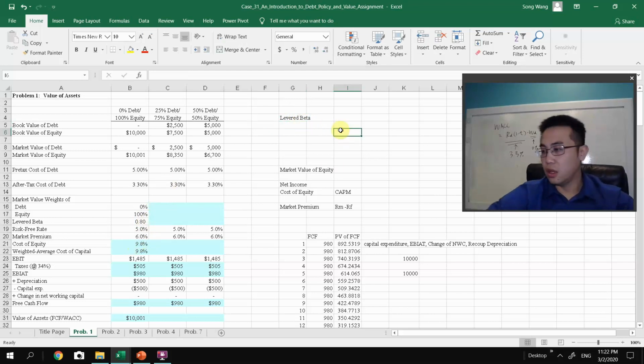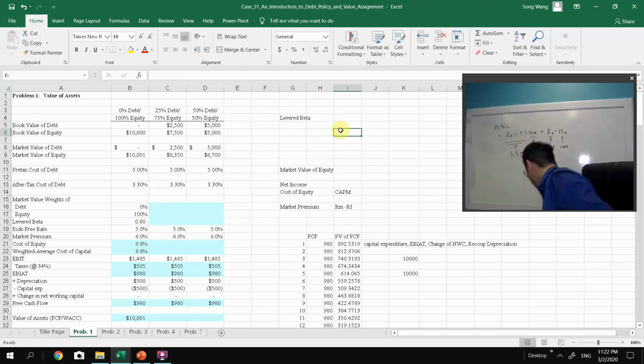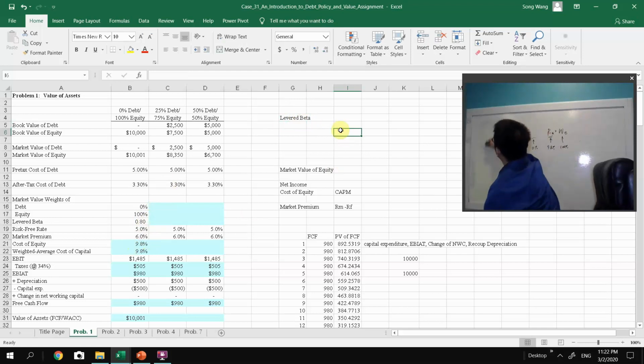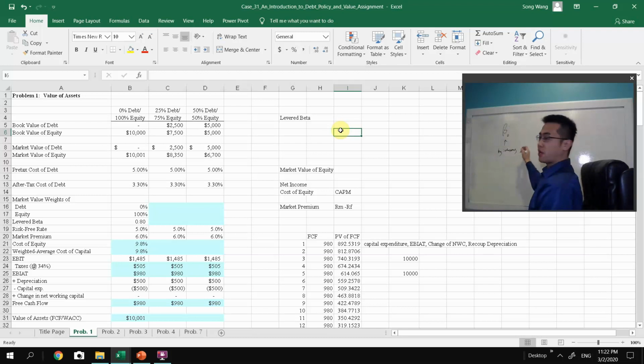So in the capital structure chapter, let me just erase this. You have the beta, which is purely determined by industry, or there's no debt being considered here.